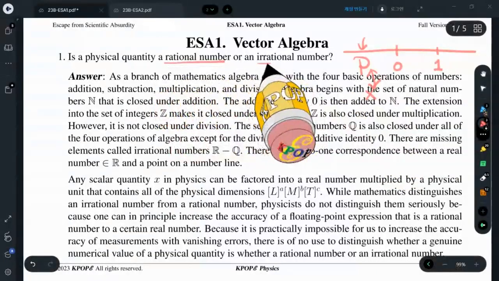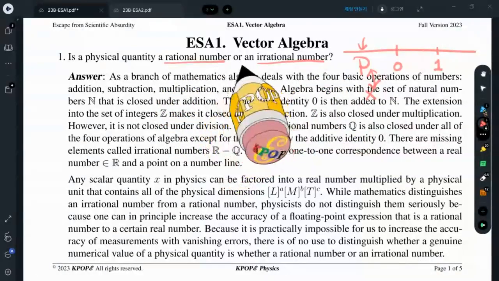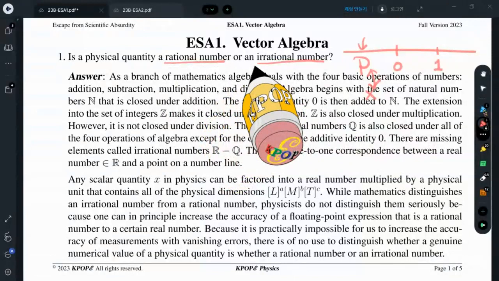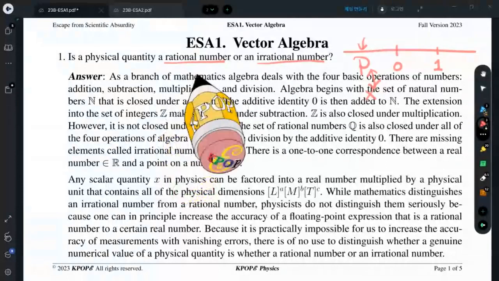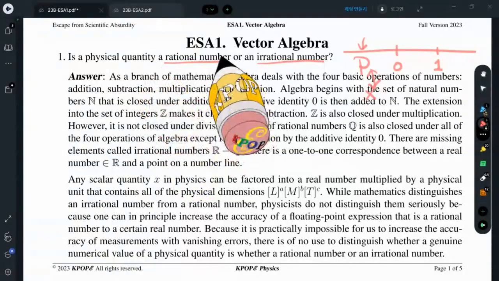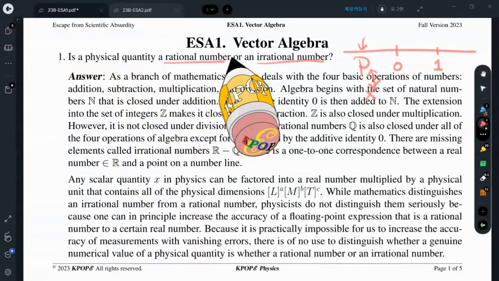rational number and irrational number, they distinguish it because it concerns algebra. According to algebra, you cannot find a solution whose floating point expression does not terminate.